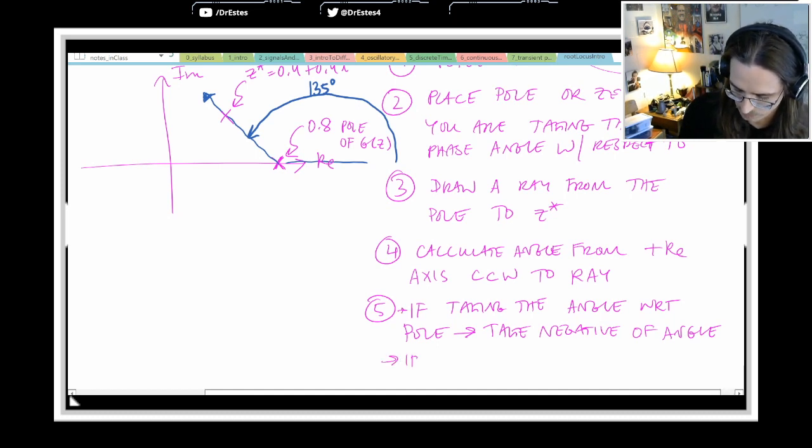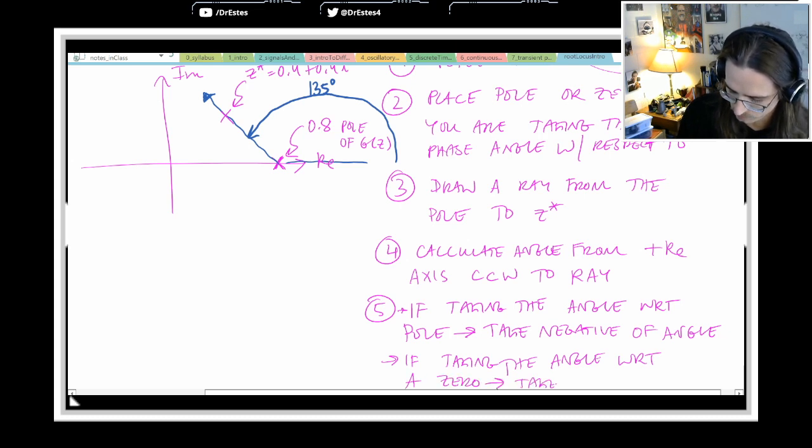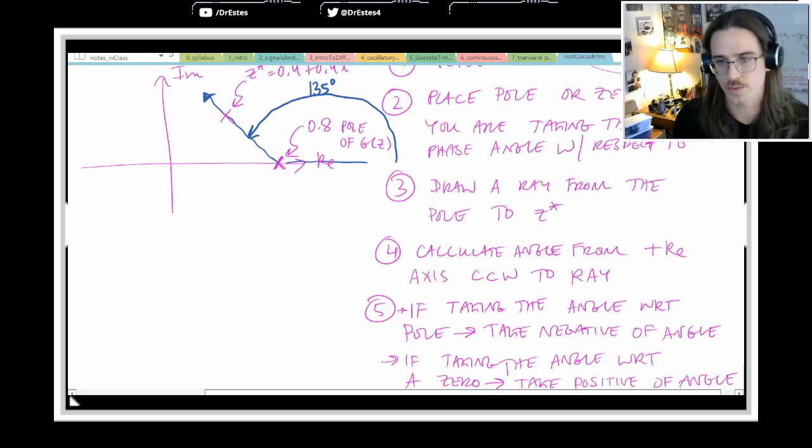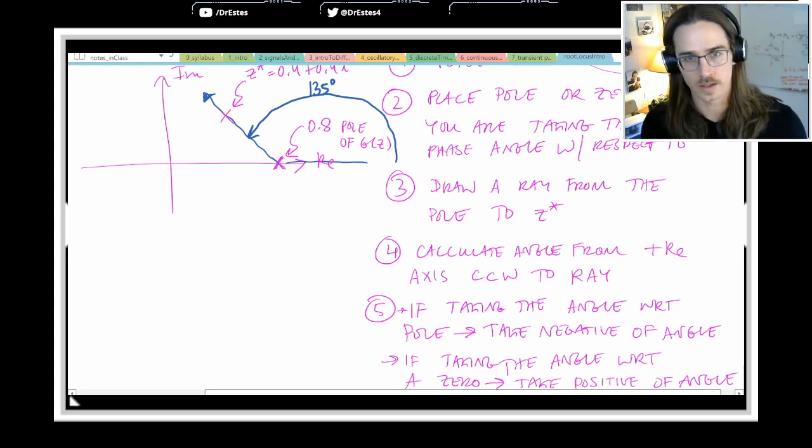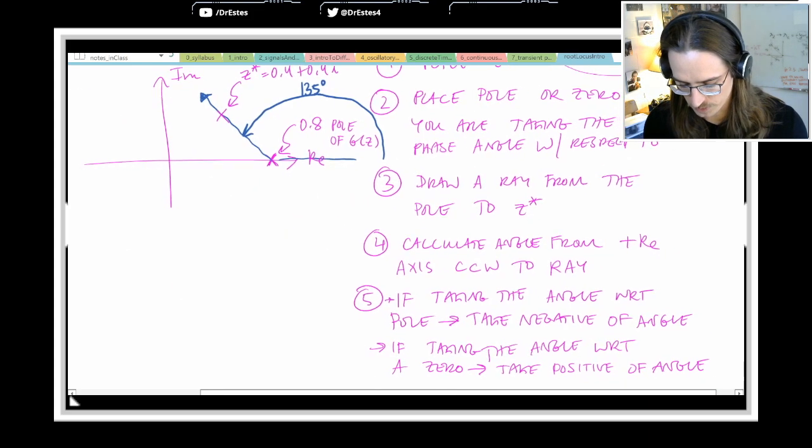And if taking the angle with respect to a zero, take the positive of the angle. This isn't relevant to us right now because we're doing a pole, but in general, we'll also be doing this with zeros.